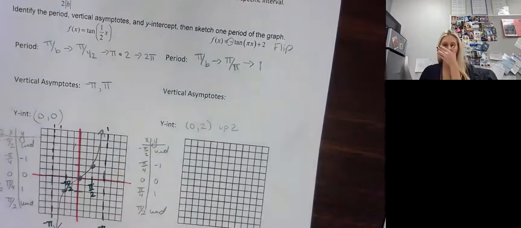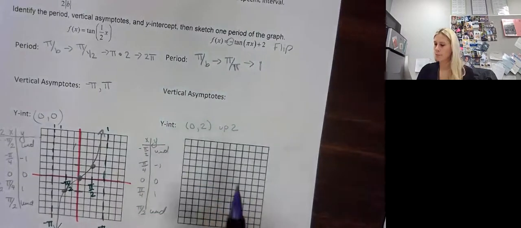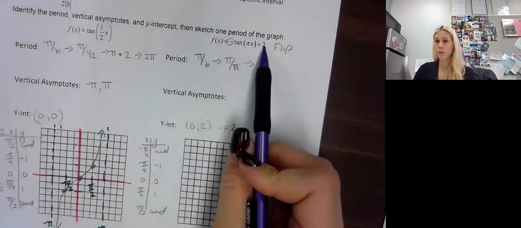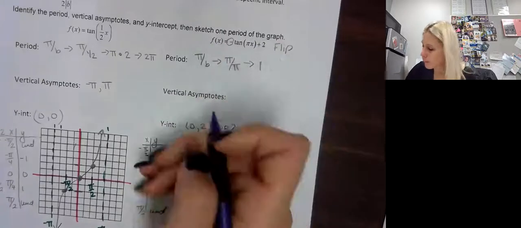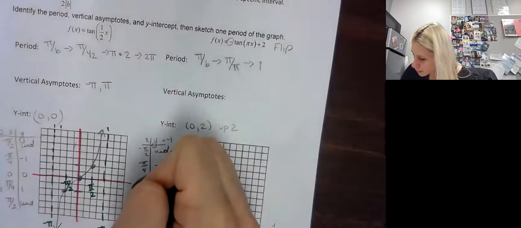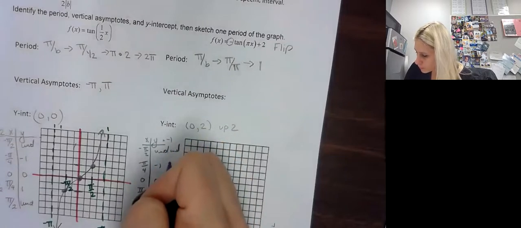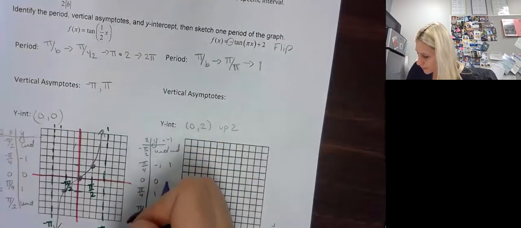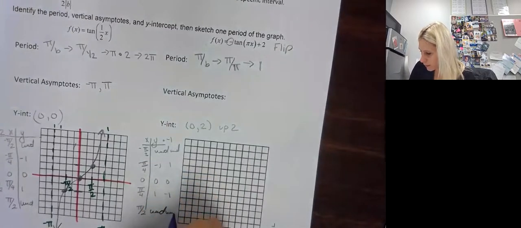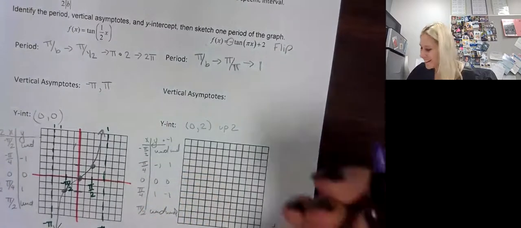All right, I don't know about you, but I like doing my y stuff better. So I have a negative to keep in mind and a plus 2. Remember, we go left to right. So I'm going to multiply by negative 1 first. So undefined stays undefined. Negative 1 times negative 1 is 1, 0, negative 1, undefined, running out of room.